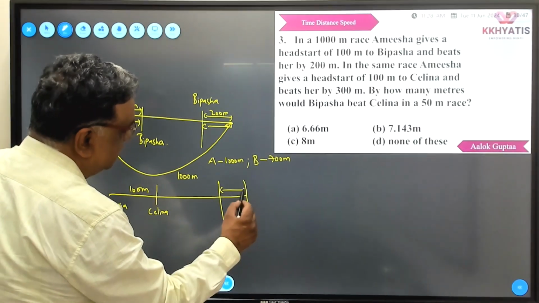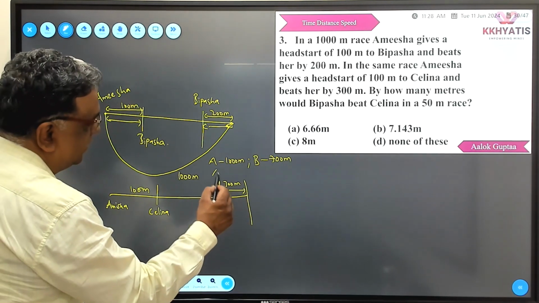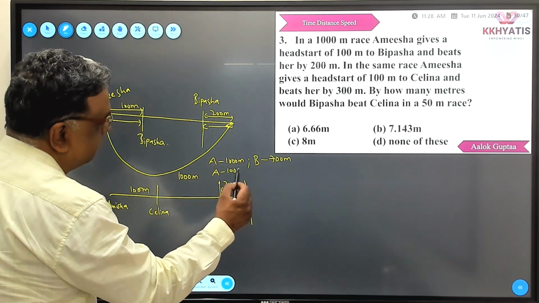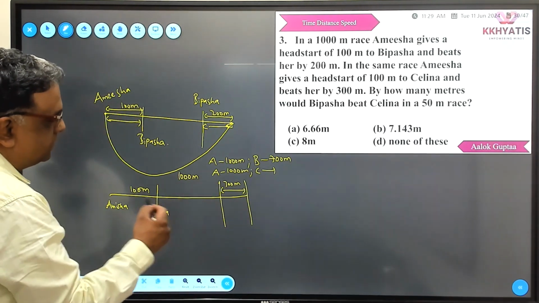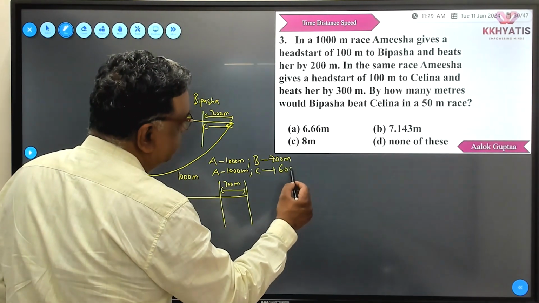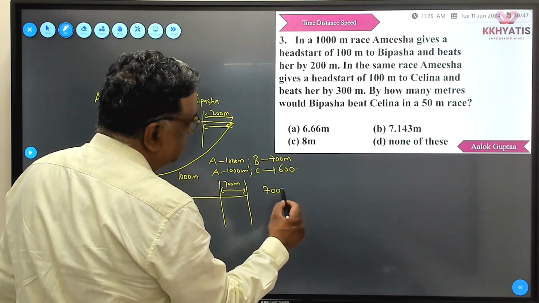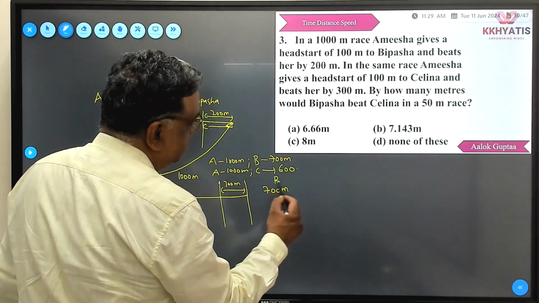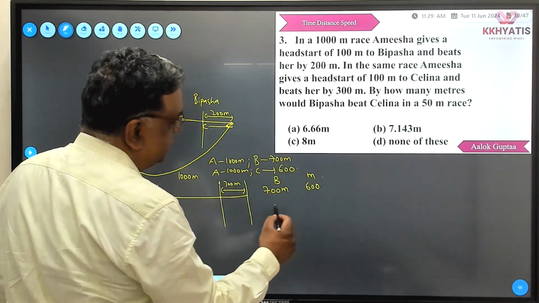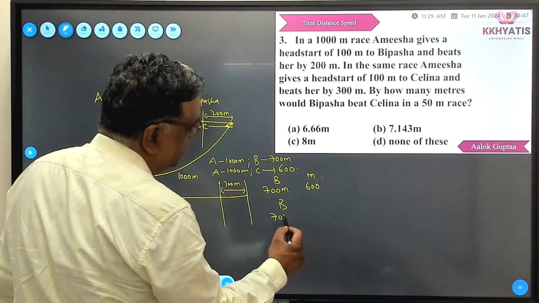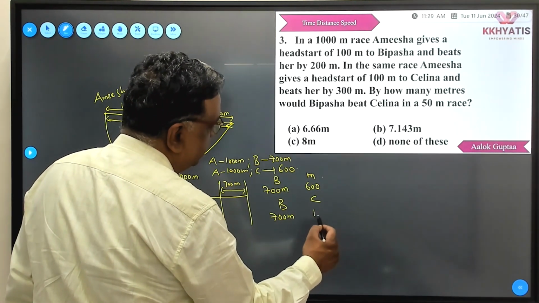So now this is 300 meters, which means when Amisha travels 1,000 meters, Selena travels 1,000 minus 400, 600 only, which means for every 700 meters Bipasha travels, Selena travels 600 meters, which means Bipasha for every 700 meters beats Selena by 100 meters.